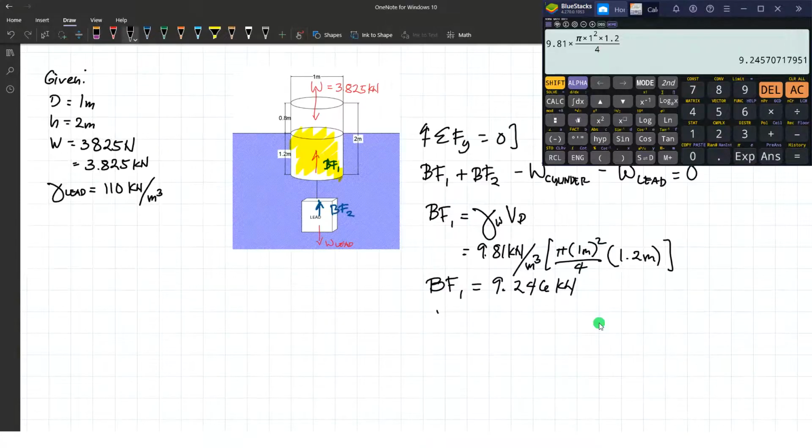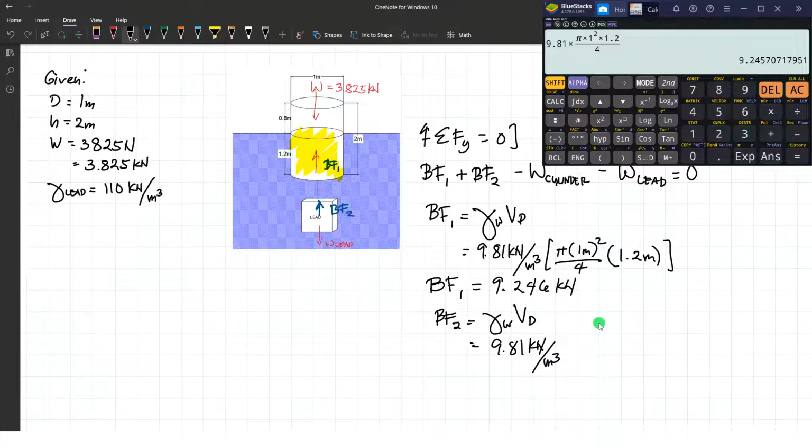For buoyant force 2, we have unit weight of water again, multiplied by the volume displaced. So for the buoyant force 2, this is the buoyant force acted by the water on the lead. Okay, so it means that 9.81 kilonewtons per cubic meter is multiplied by the volume displaced.